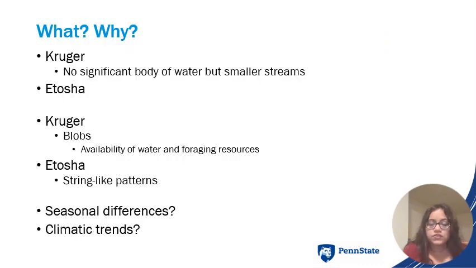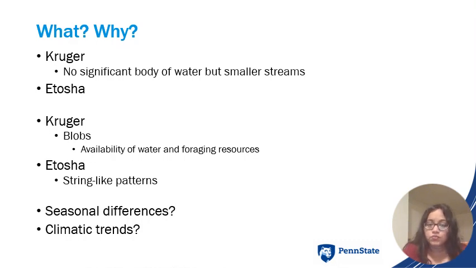Now, moving to the question of what and why. If you see Kruger's water sources, Kruger does not boast large water bodies, but there are smaller streams that serve as crucial hydration points for elephants. But Etosha, which is distinct from Kruger, presents its unique set of geographic features influencing elephant movement.